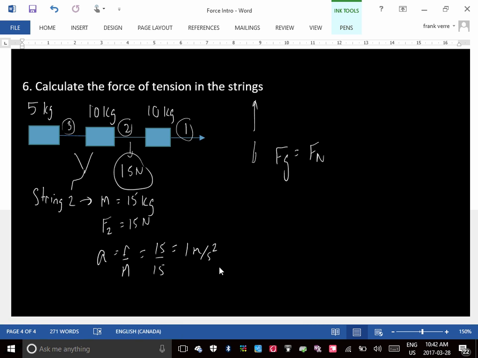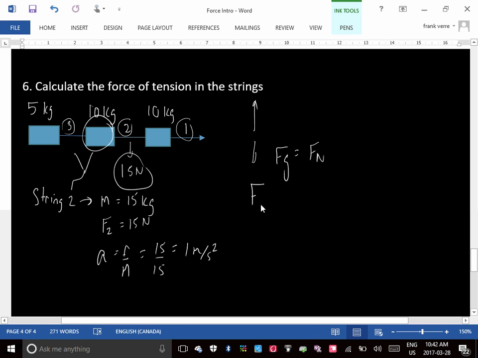So in other words, the entire system must be accelerating at 1 meter per second squared. Otherwise, it would break apart. If we can imagine a little thought experiment, if this object is accelerating at a rate of 1 meter per second squared, and this one is accelerating at a rate of 2, then it will collide with that object, and that's not what we want. So we're going to assume that everything is accelerating at the same rate.